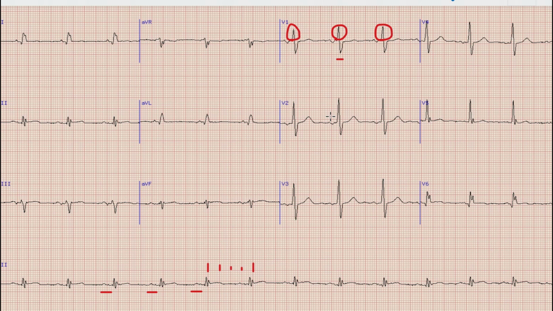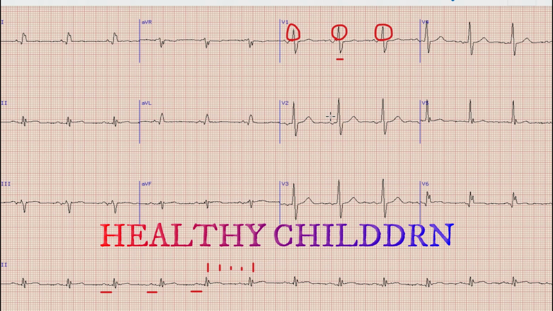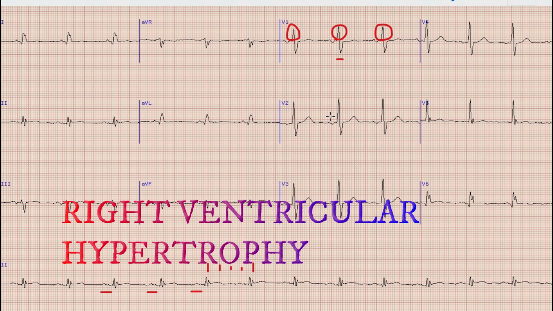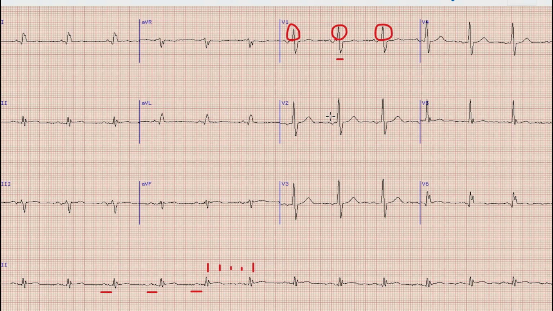Firstly, prominent R waves in V1 can be present in healthy children, but in that case the duration of the QRS complex is usually normal. The second cause of a prominent R wave in lead V1 is the presence of right ventricular hypertrophy. In case of right ventricular hypertrophy, we usually find right axis deviation or a vertical axis.